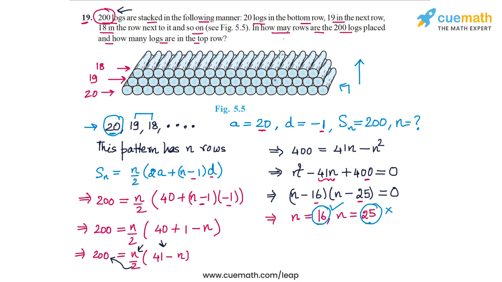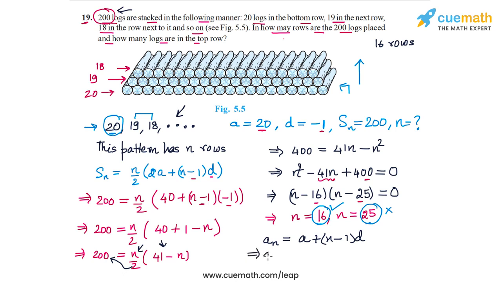So part of the answer is that there are 16 rows in which the logs are placed, and now we have to find out how many logs are in the top row. For that we can simply find the 16th term of this arithmetic progression. You can find it mentally just by looking at this arithmetic progression, or if you want, you can use the relation an is equal to a plus (n minus 1) times d.